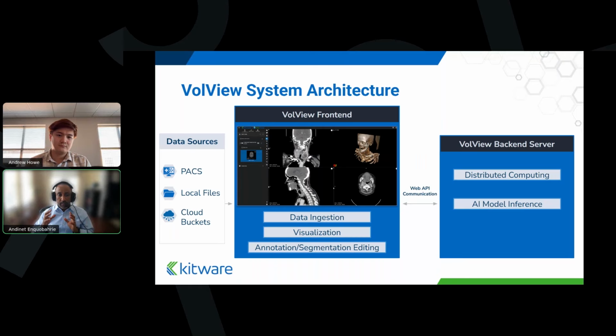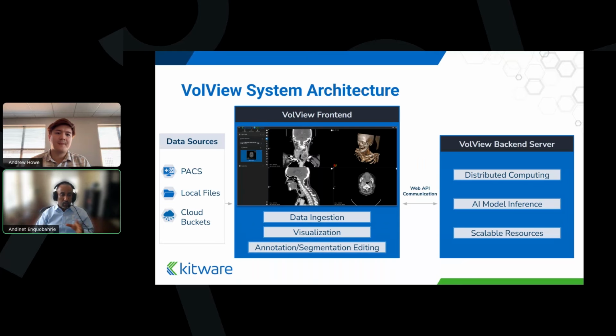Also, the backend server is where we're doing all our AI model inference. That's where we'll be calling the Clara open source models and running them on input data. And then I'll talk a little bit about this, where you are able to deploy your backend server on the cloud, where you can have access to scalable resources as well.